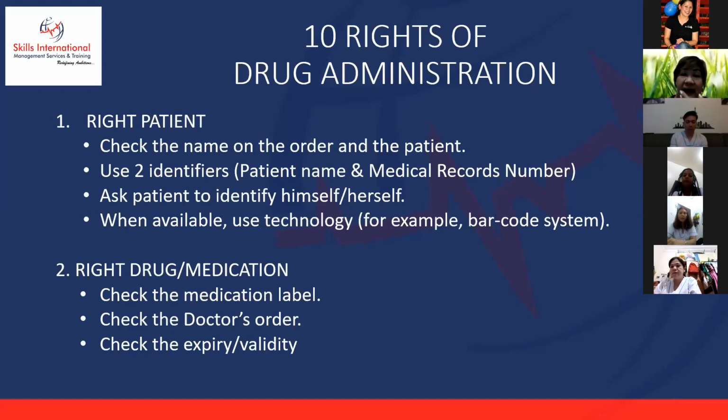In that bracelet, if you check it, you will find the name of the patient and the medical records number or the hospital number. Okay, so these are the two identifiers. It is the international standard based on the reference of Joint Commission International of USA.